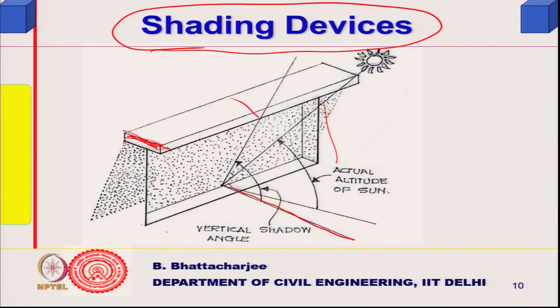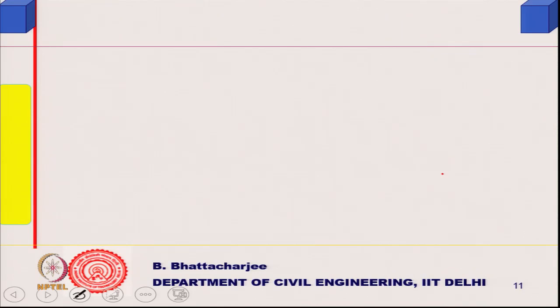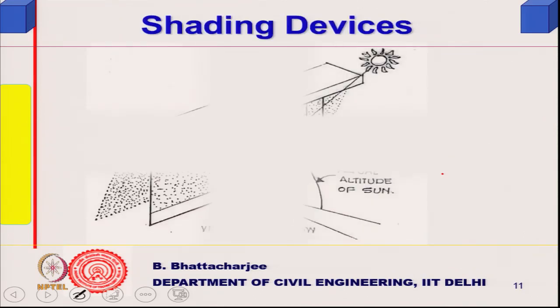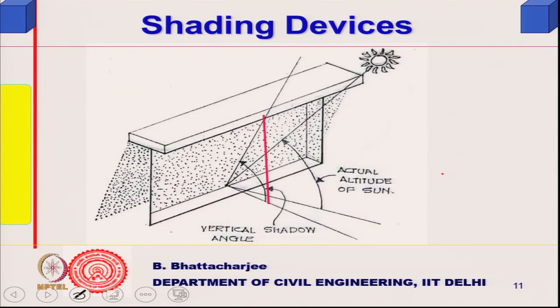And if this is the shading device, then maybe I have a diagram, let me see if I have a diagram, right. So, I can just drop it down from any point. This is normal to the window.